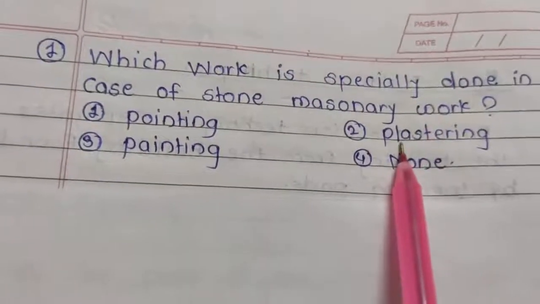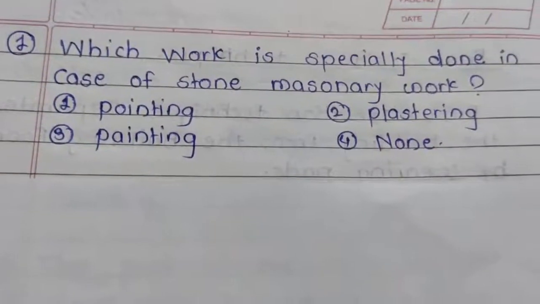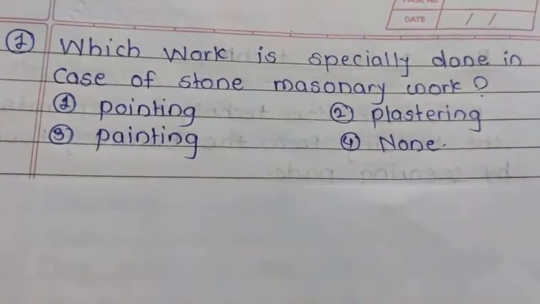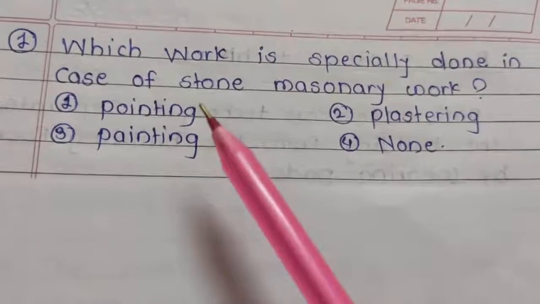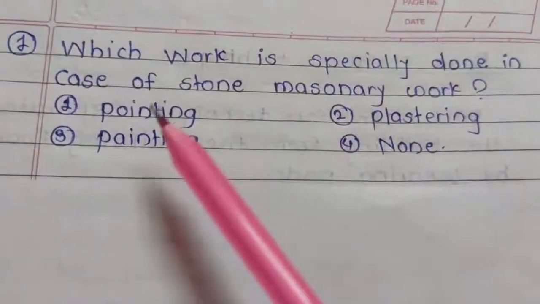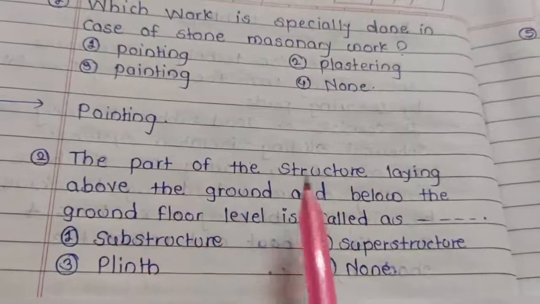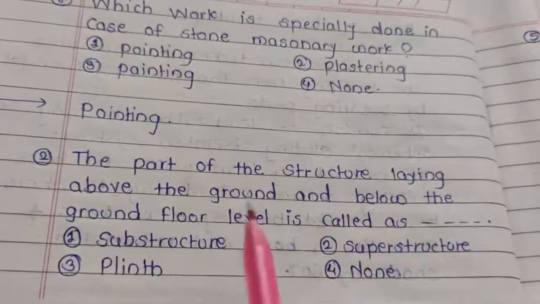Painting and plastering is done for every ordinary work, but for the masonry work, pointing is the special work. So the answer is pointing.